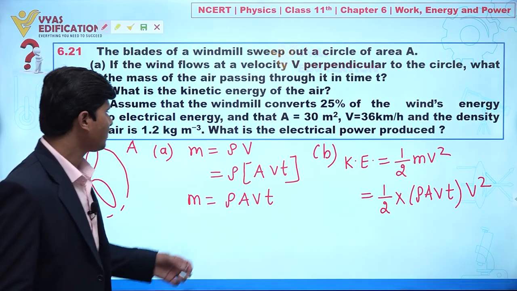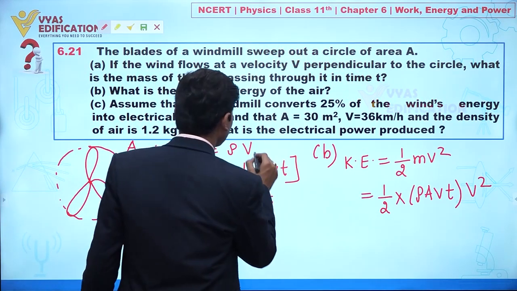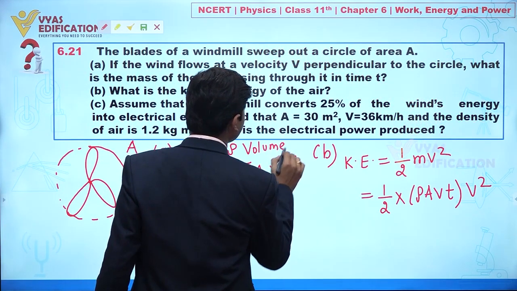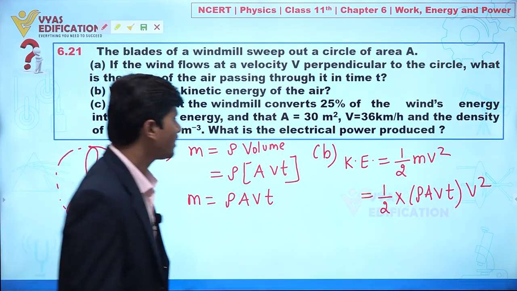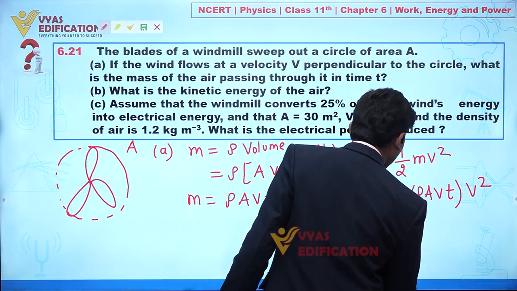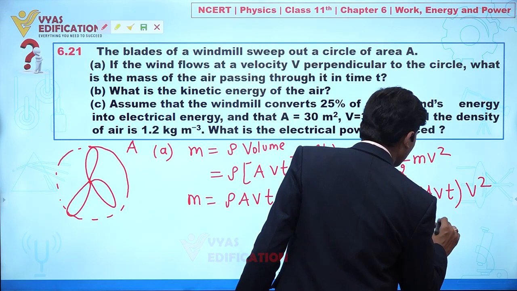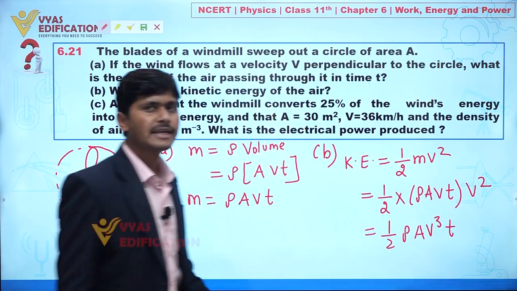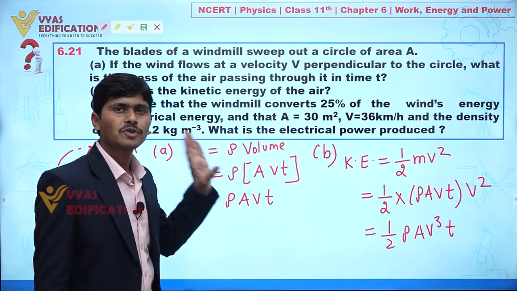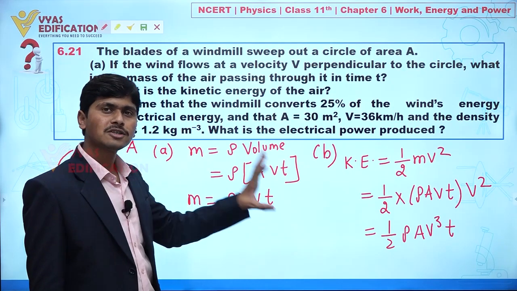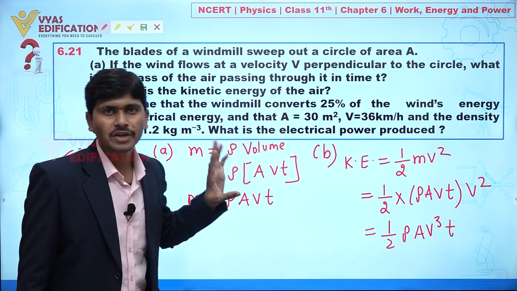Always keep in mind, this capital V is volume and this small v is velocity. So from here we get 1 by 2 rho A v cube multiplied by t. This is the kinetic energy of the air passing through this area in time t.